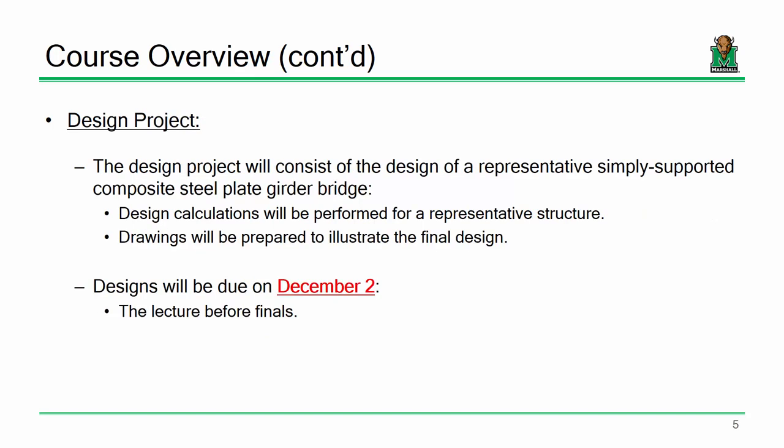Let's talk about the design project. All right, so design project. The design project that we're going to do in this class is a simply supported composite steel plate girder bridge. And most of what we do in this class, I say most, but it's really our main focus in this class, is going to be on steel bridges. And it's not because I'm partial to steel bridges, but because if you're interested in concrete bridges, we have an entire course devoted to that.